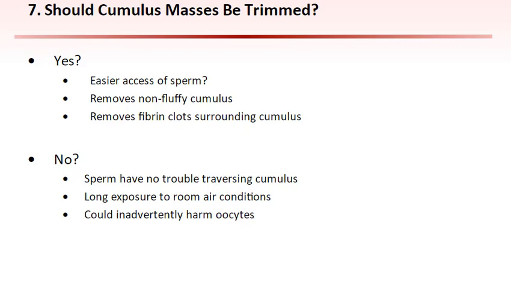Alternatively, one could speculate that trimming is not necessary and may be harmful, since normal sperm have little difficulty traversing the cumulus oophorus, since trimming requires extended time and exposure of cumulus masses and oocytes to non-incubator conditions, and therefore could inadvertently harm oocytes, either through exposure or by accidental needle-induced damage.